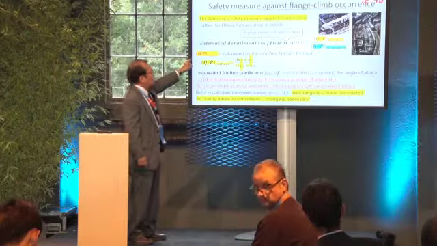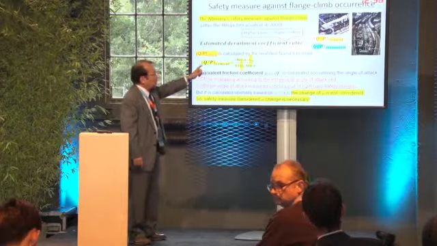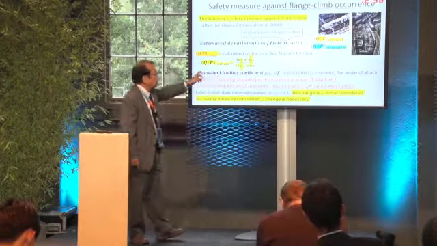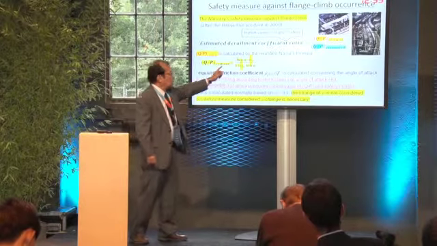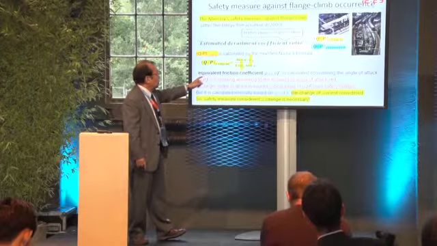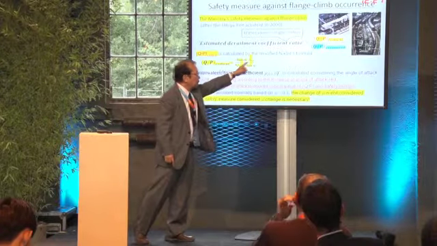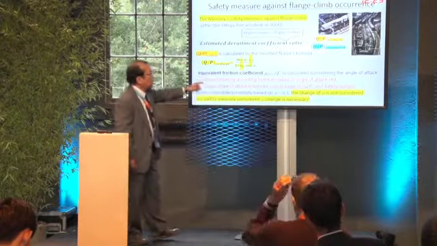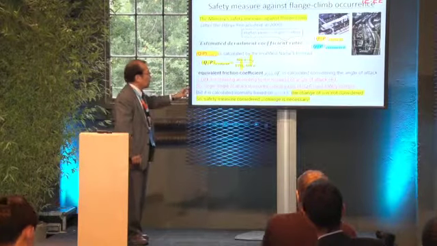The critical value of Q by P is calculated by the modified Nadal formula. By this formula, equivalent friction coefficient mu E is calculated considering the angle of attack.